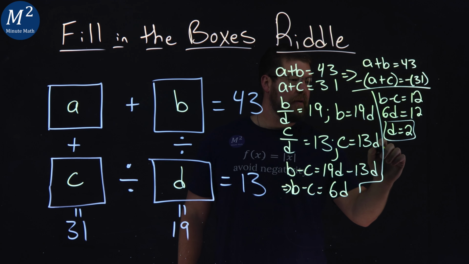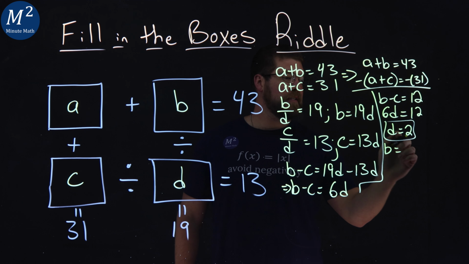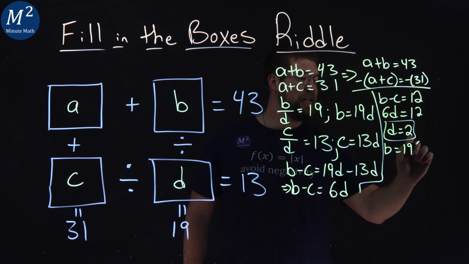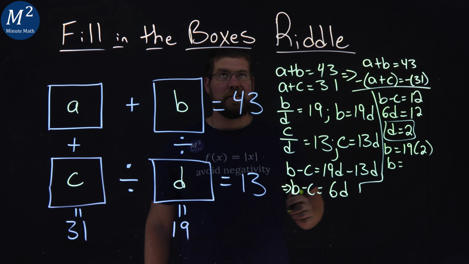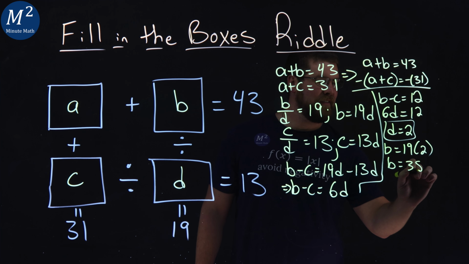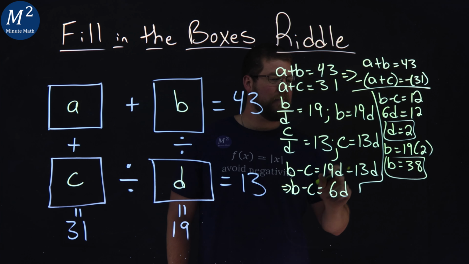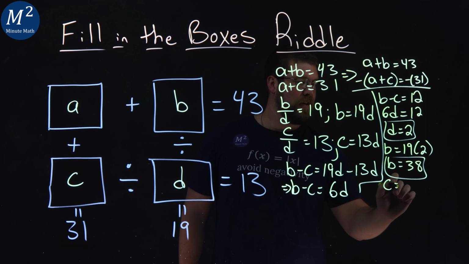Let's go with B. B is equal to 19 times D, which is 2. And 19 times 2 is 38. So we have B equals 38. Let's do the same thing with C. C equals 13 times the D value, which is 2. 13 times 2 is 26, so C equals 26 right here.